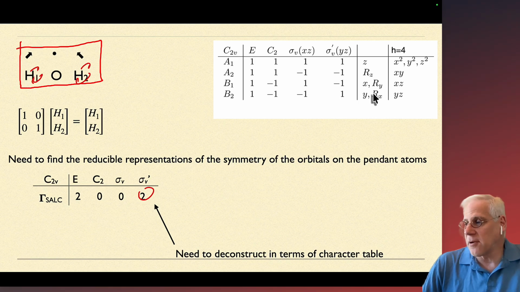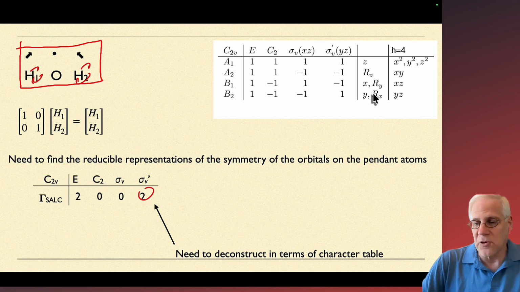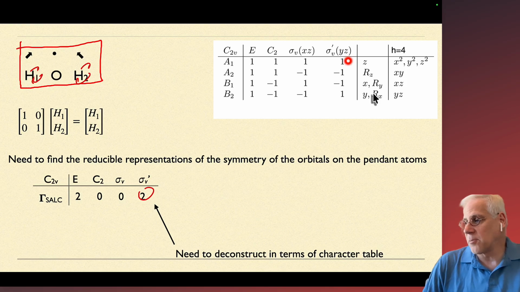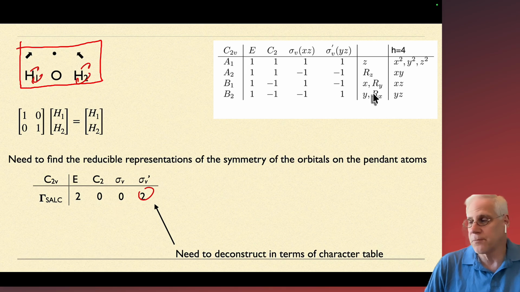So what we need to do is figure out what combination of all of these functions in here add up to this character table. Okay, so there's a couple of different ways that you can do this. You can do it by inspection, where you just figure out which of these functions add up to equal this, and there's only one possible combination that will do so. And so you can figure that out. It's a little bit like a number puzzle. This is a fairly simple system, and so it's not too bad.